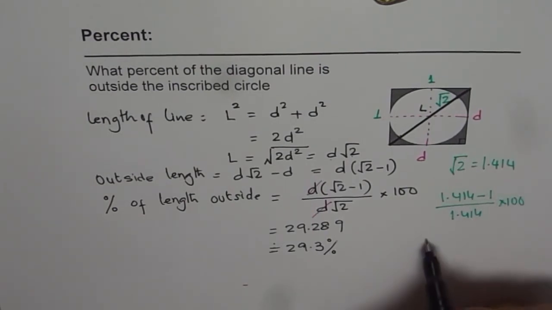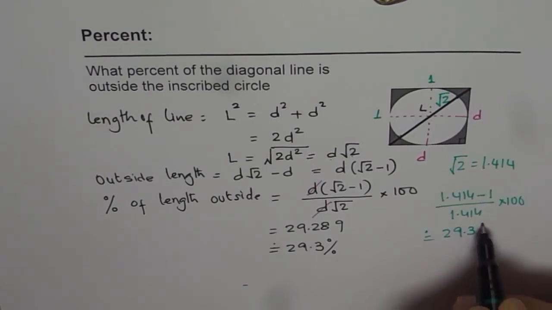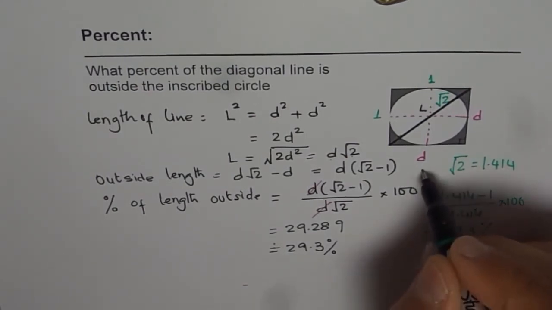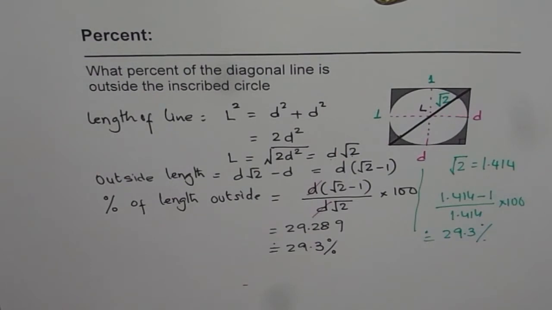If you do this, you get the same answer, approximately 29.3%. So the suggestion is that instead of a variable d, use a unit length, and then figure out the answer.